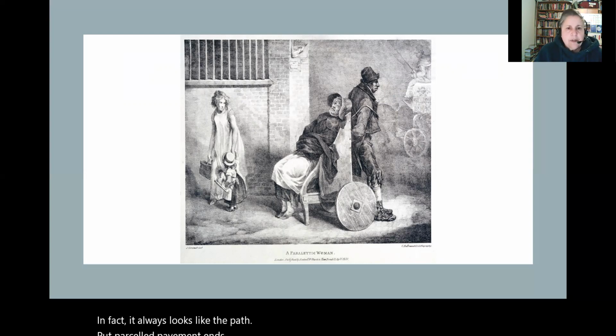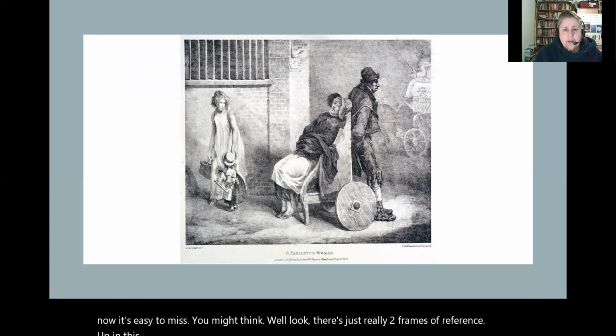But equally, we have the other frame, which is on your left. Moving westward, we have a figure of a young woman and a toddler, young child. Now, it's easy to miss. You might think, well, look, there's just really 2 frames of reference in this image. But in fact, there's 3, because on the extreme right, we have this fuzzy kind of greyed out shaded image.